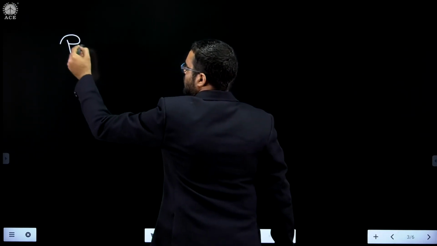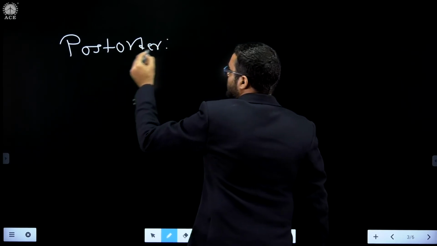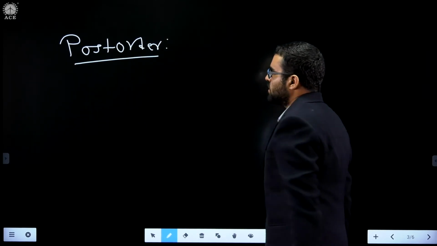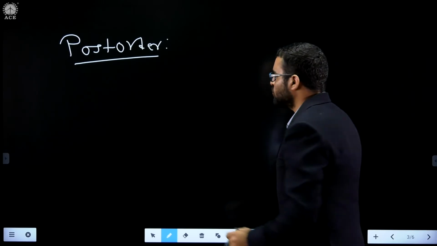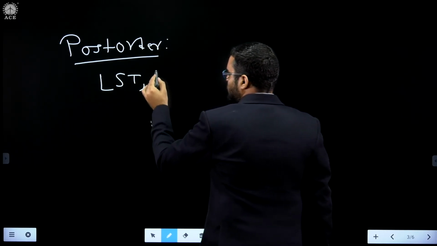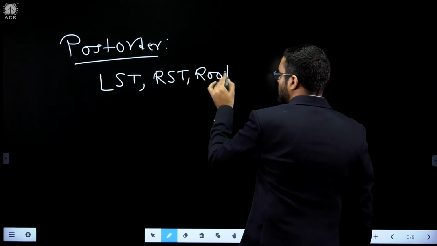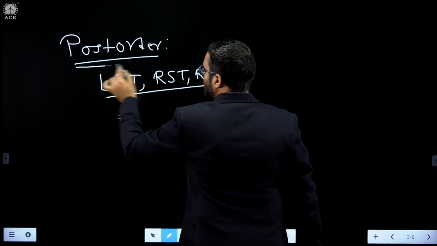So what we do in the post order, you can notice here, in the post order traversal of any tree, first we go to the left subtree, then we go to the right subtree, then we print the root node. So this is the post order traversal.